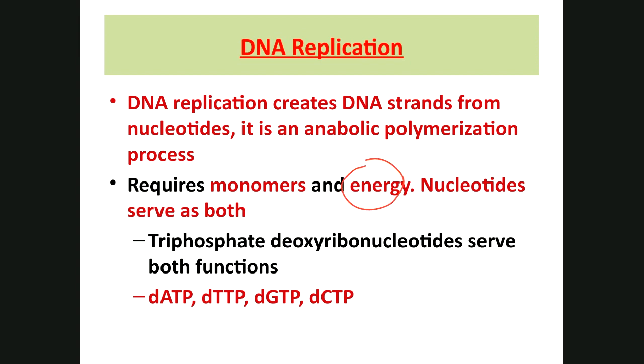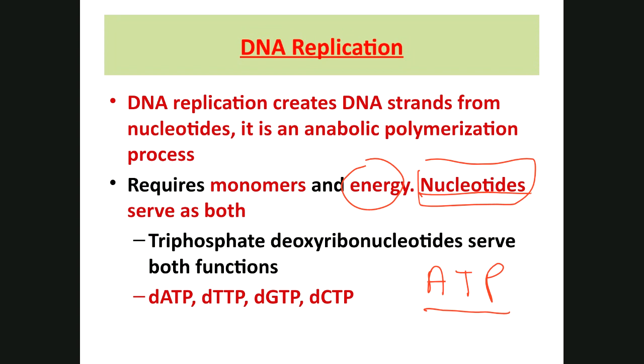building blocks. So it requires nucleotides. Okay. In the case of DNA replication, the synthesis of DNA, the nucleotides carry the energy. So remember that ATP was the energy currency of the cell. Well, ATP is a nucleotide. So every one of the nucleotides can act as an energy molecule.